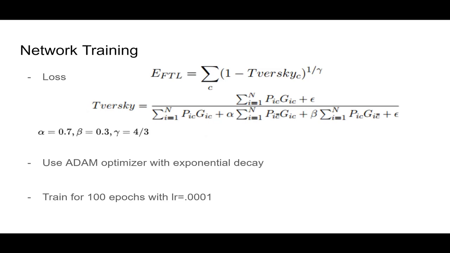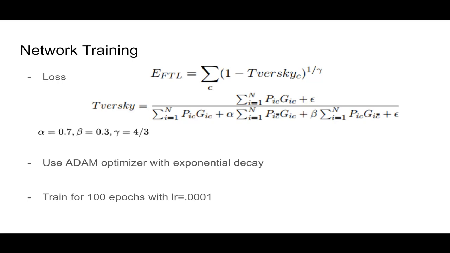Here we have the network training. We train our network with a combination of focal and Tversky loss functions to handle imbalanced data. Tversky loss allows for assignment of different weights to false negatives and false positives to improve the recall rate.